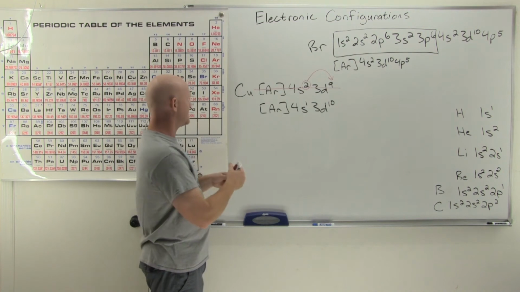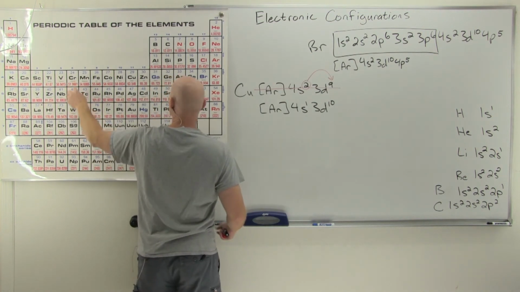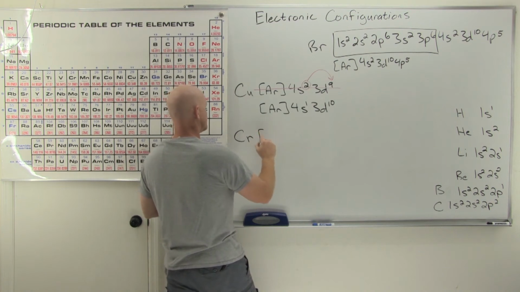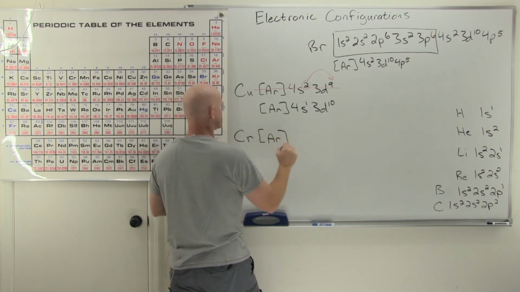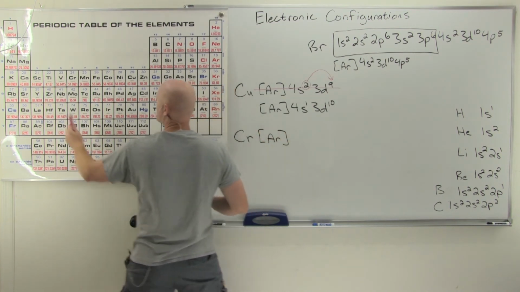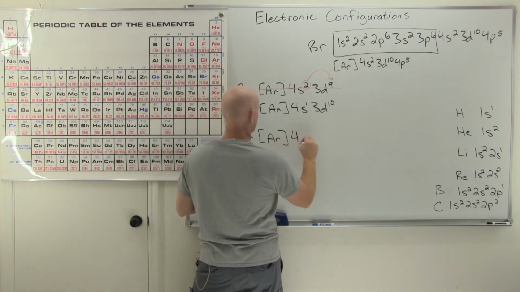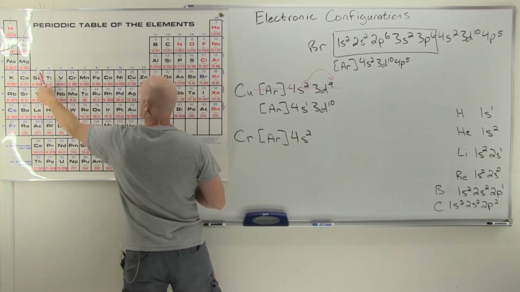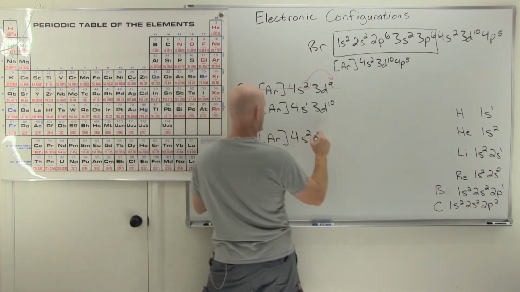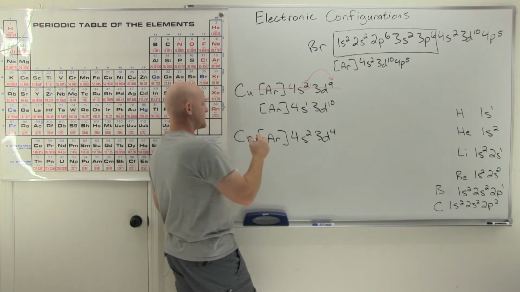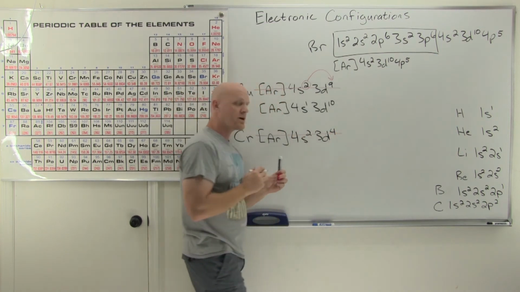Now, chromium and molybdenum do the same kind of thing. If we take a look at chromium and follow the normal rules, not realizing it's an exception, we'd come up with argon, 4s2 for potassium and calcium, and then 3d, 1, 2, 3, 4 to chromium. Again, this is not the ground state electron configuration for chromium.